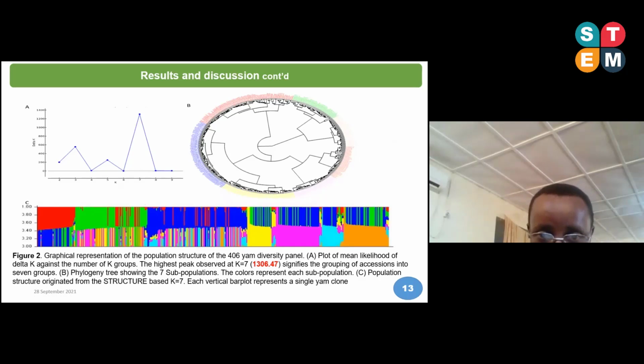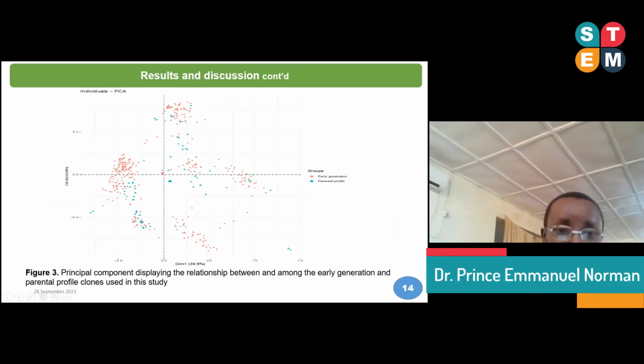We can see similar pattern being shown here by the phylogeny tree, the 7 string pattern of the various genotypes, and we can also see how that one was obtained using the structure harvester, having also the 7 various groups of the clone study.